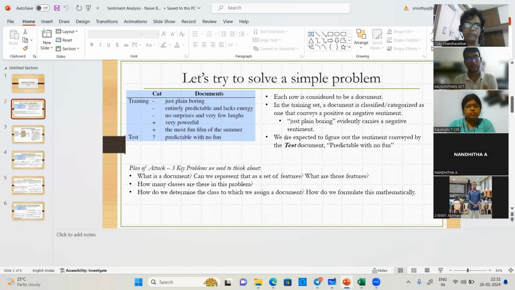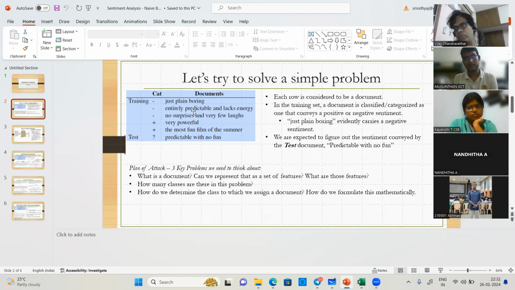Imagine each row to be a document. Technically, you'll have a lot more sentences in a document, but for the sake of discussion, we'll just assume a bunch of words to be a document. A cat is essentially a category. We're basically categorizing these documents based on sentiment.